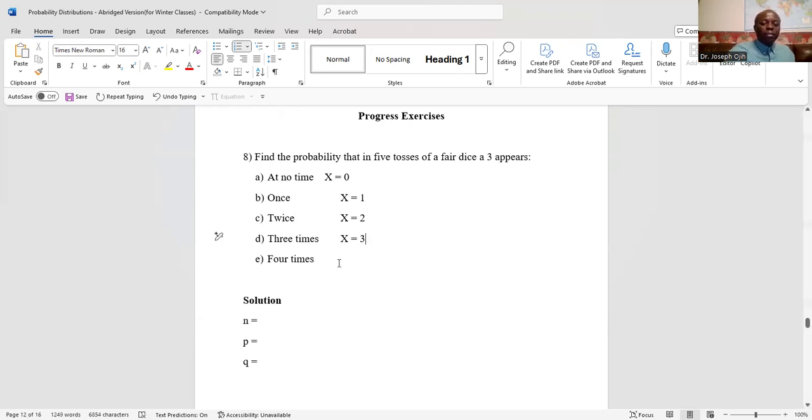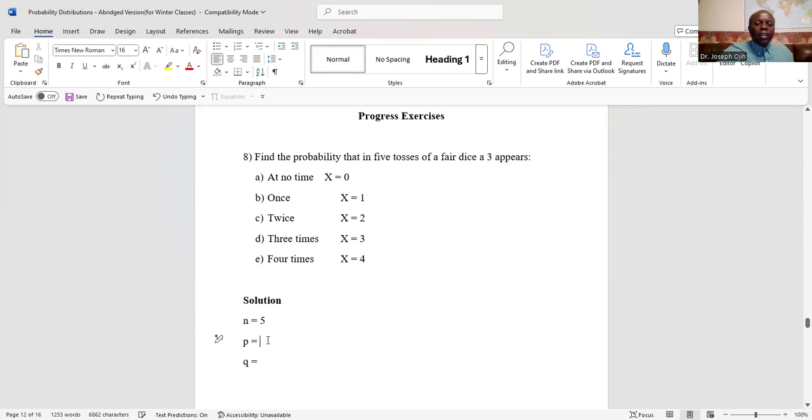And for this one, X means it appears 4 times. So we have all what the X values are from 0. Then N: it said find the probability that in 5 tosses, so it was tossed 5 times, so our N is 5. So we have all the X's.